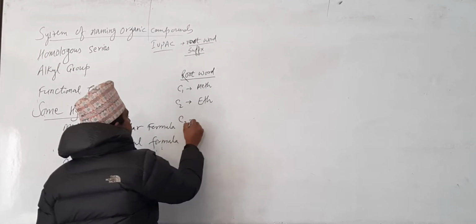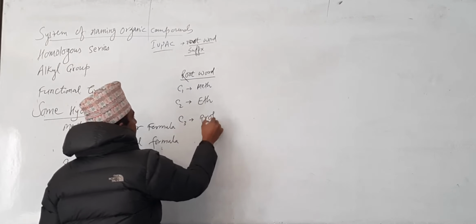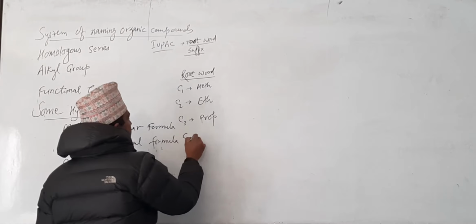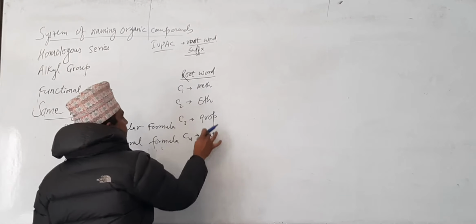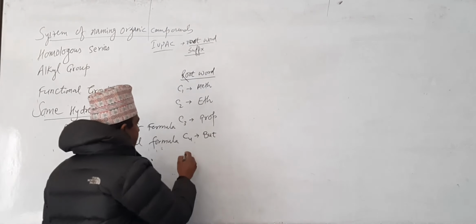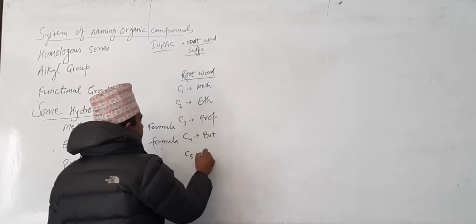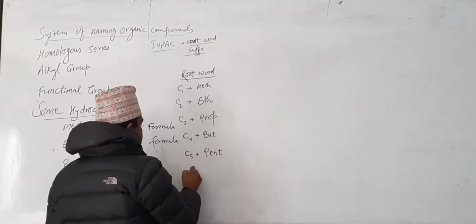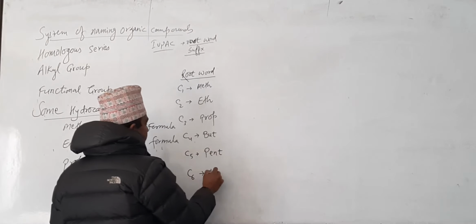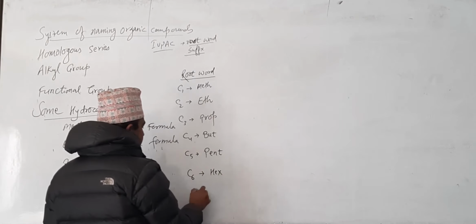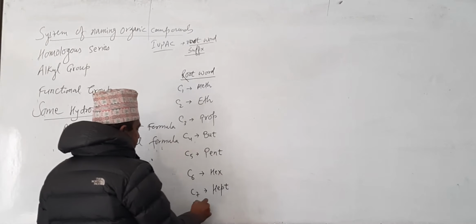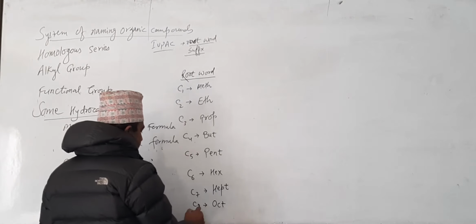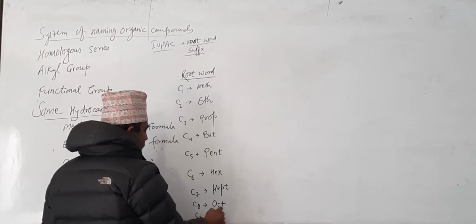Three carbon, prop. Four carbon, but. Meth, eth, prop, but. Then 5 carbon, pent. 6 carbon, hex. 7 carbon, hept. 8 carbon, oct. 9 carbon, non. 10 carbon, dec.